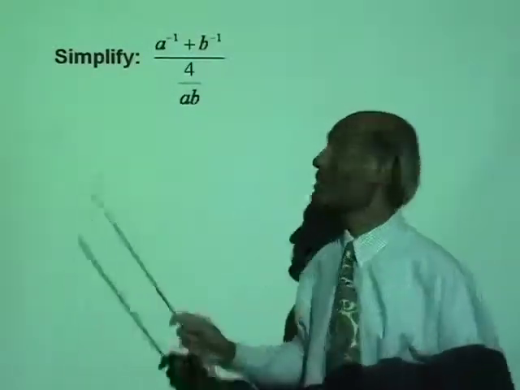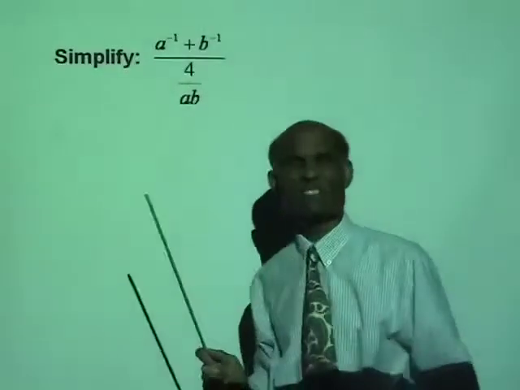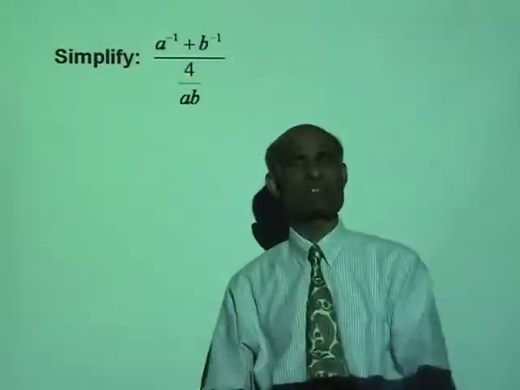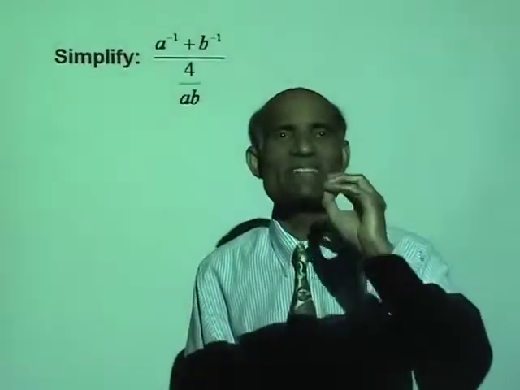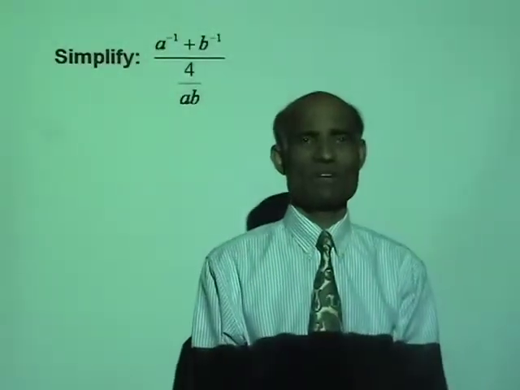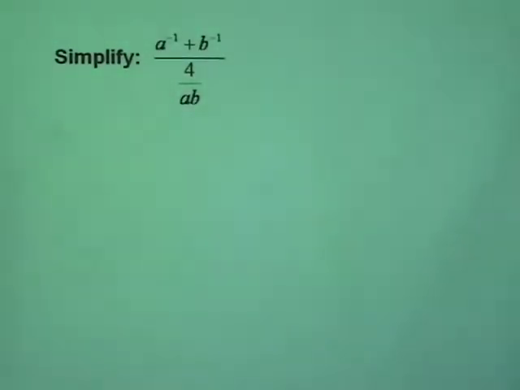Now, if you notice the numerator, what is a to the power of negative 1? How many of you remember the meaning of a negative power? A to the power of negative 1. Remember, any number raised to the power of negative 1 is the same as its reciprocal.